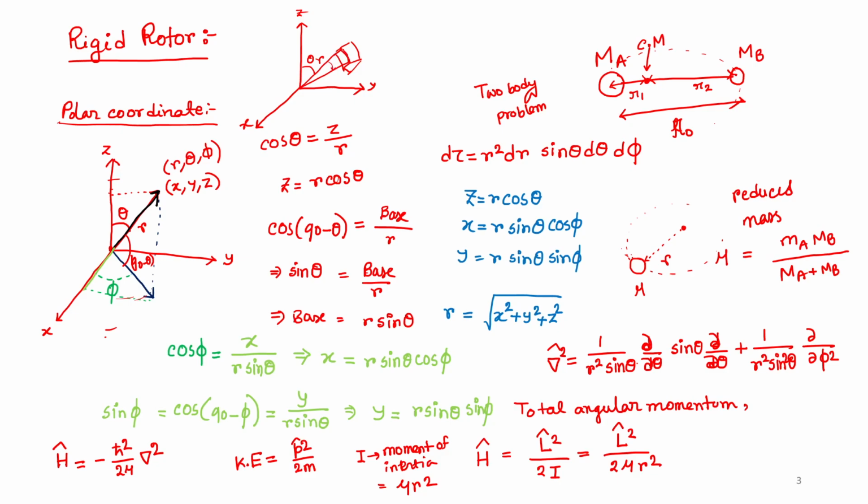So we have a rectangular slice of a sphere. We first look at the length of each side. This part is r d theta. Now this is r and this is dr, right? This distance is dr.